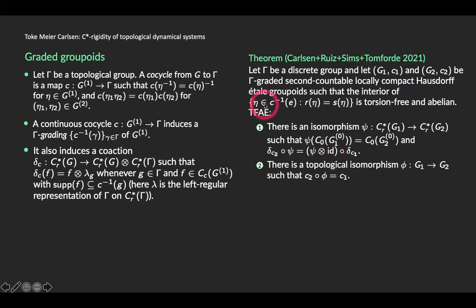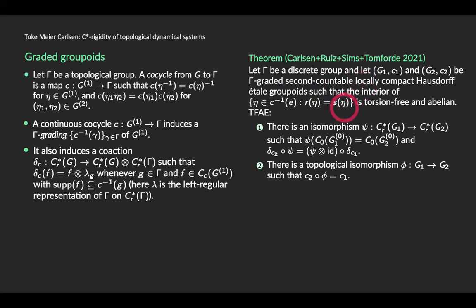Then let's look at this condition here. Again, like in the topologically principal case, we are looking at the set of morphisms where the range matches the source. In the graded case, we only have to look at the morphisms that are trivially graded. Before, we asked that the interior of this set was equal to the set of units, or more precisely the set of identity morphisms.